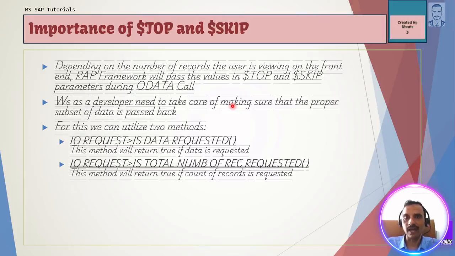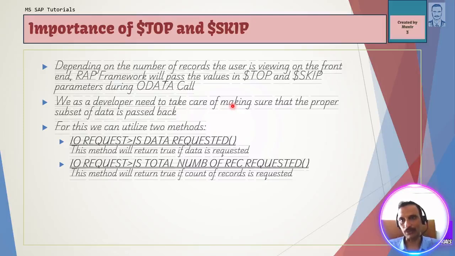We fetched the $top and $skip values by using the IO request, get paging, get page size, and get offset methods, respectively, for $top and $skip. But we have not utilized them in our code so far, and still our report was working fine.